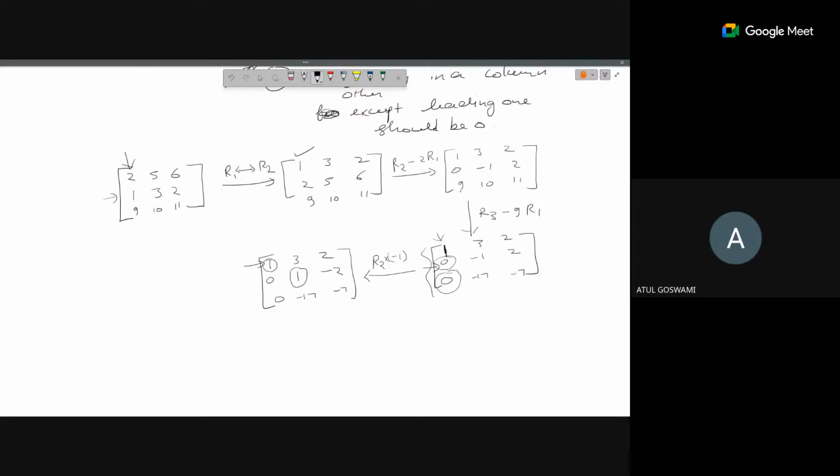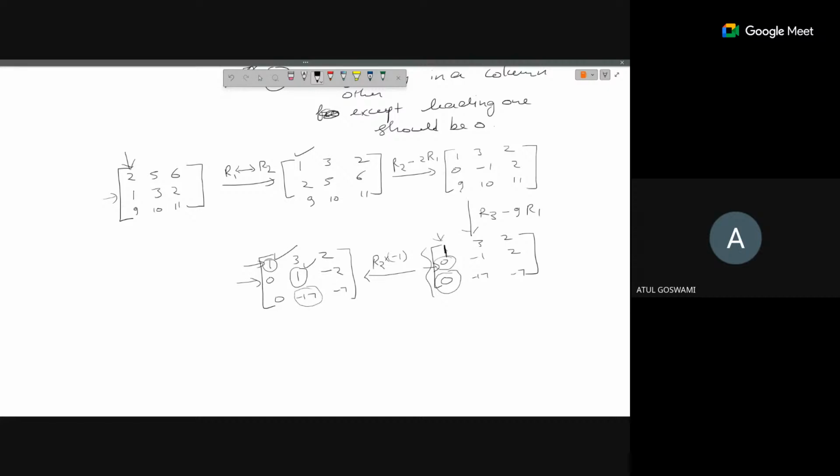Because this is the first non-zero value in this row. And the condition says the leading entry must be one. Now it is one. So we can call this the leading entry in the second row.